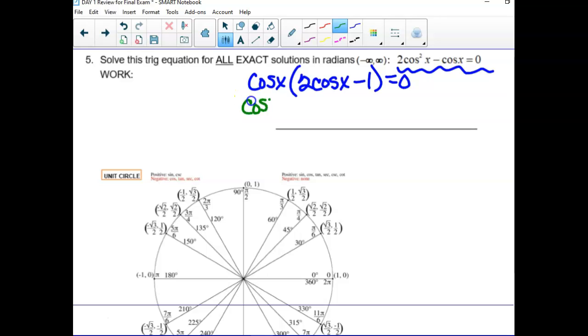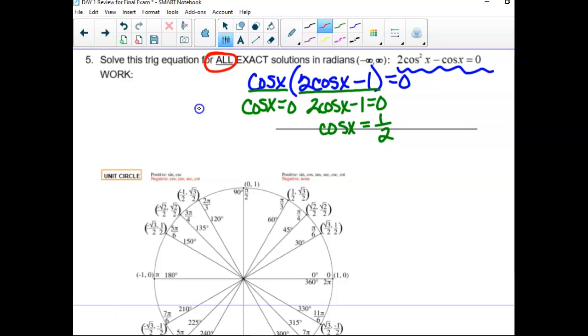So then if you set each one equal to 0, you have this equals 0 or this equals 0. If you solve this one, you'd have the cosine of x is 1/2. Now, what's the trick to this? Remembering what? Yeah, plus or minus 2 pi n. And there should be several solutions.